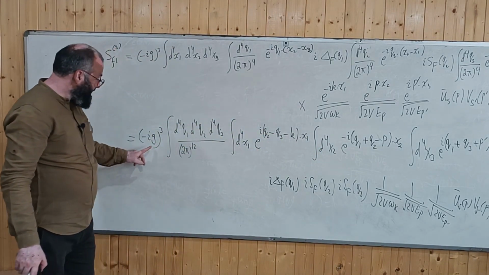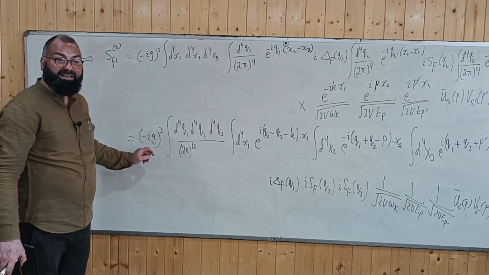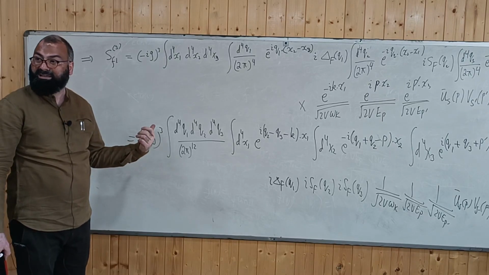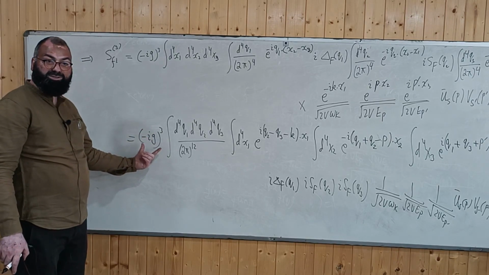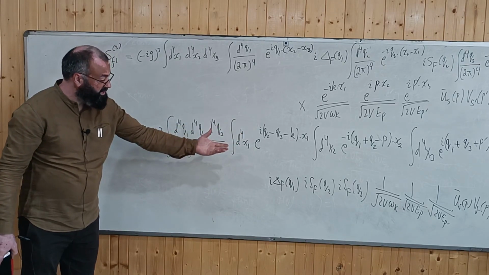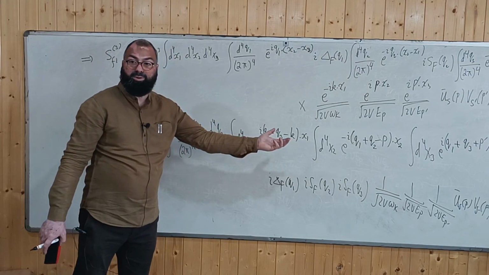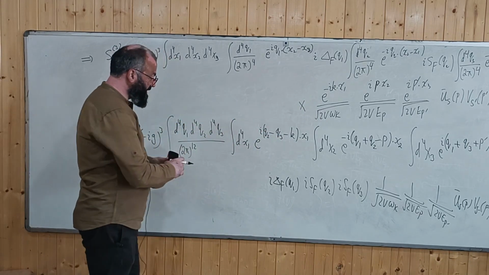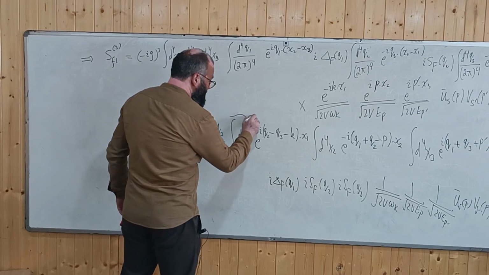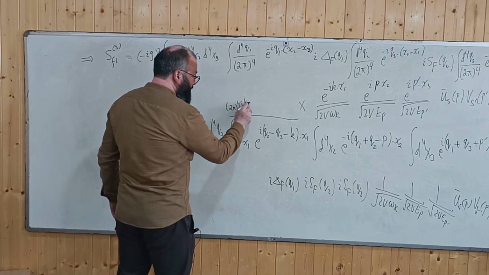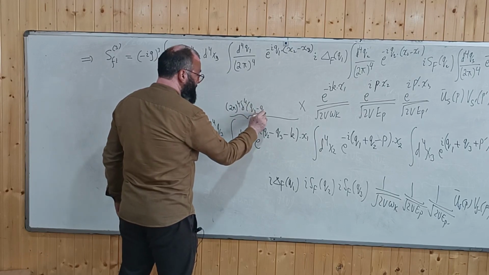How many vertices do you have here? I assigned minus i g for one vertex. How many vertices are here? 3 vertices. So you are having (minus i g) cube. Clear? So these integrations will give me overall conservation in the process. So now let's integrate them. What will this give me? This will give me 2π raised to power 4 delta 4 of (q2 minus q3 minus k).